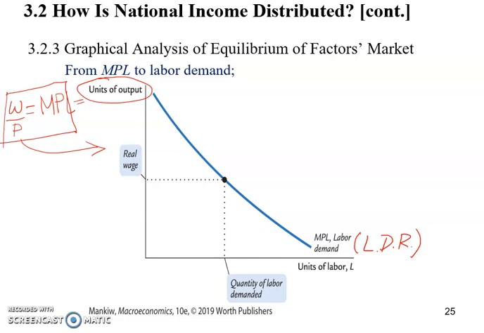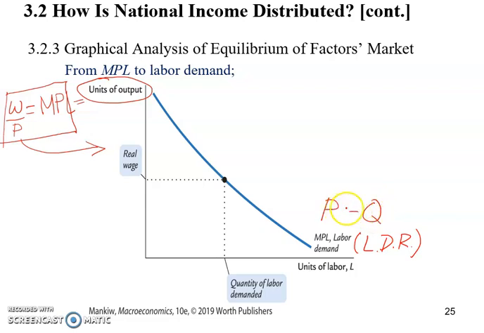Now, because the vertical axis is the real wage and the horizontal axis is the quantity, the MPL curve shows us the relationship between the price and the quantity, right?